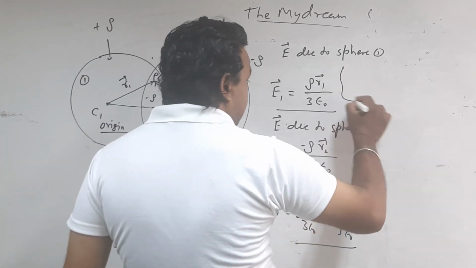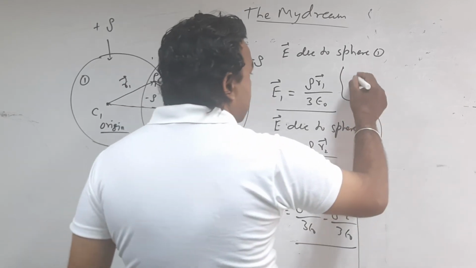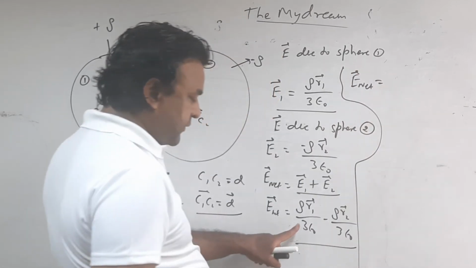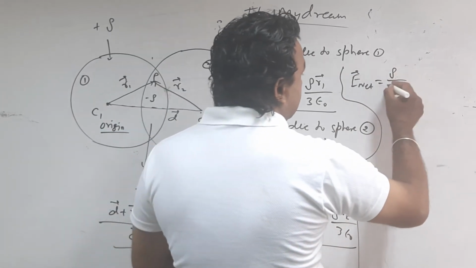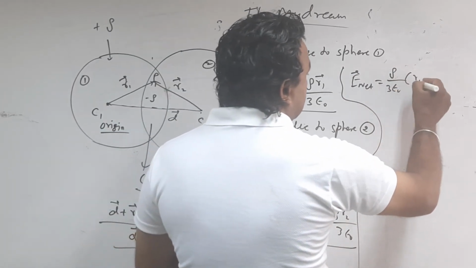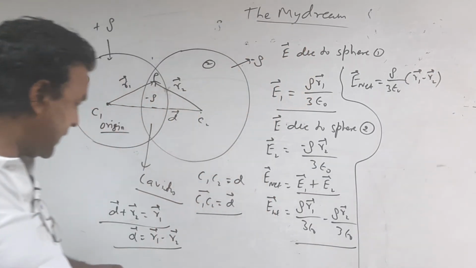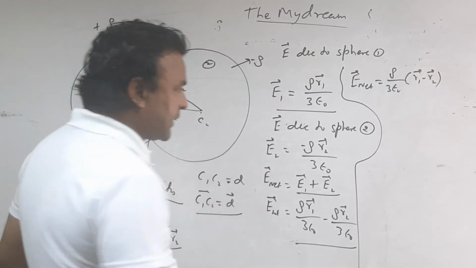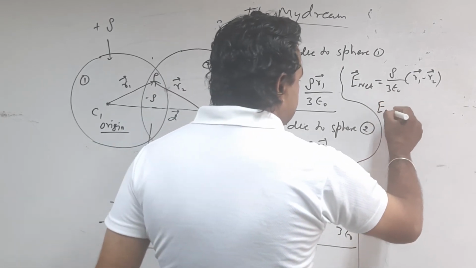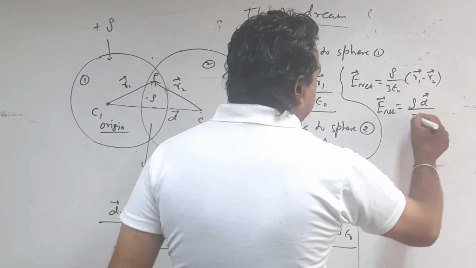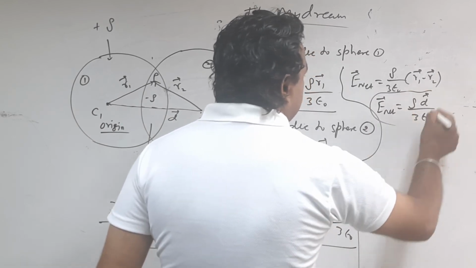If I write this equation as E net, rho upon 3 epsilon naught common, R1 minus R2 there, and R1 minus R2 is a constant vector again, rho D upon 3 epsilon naught.